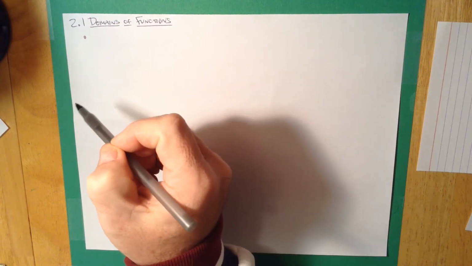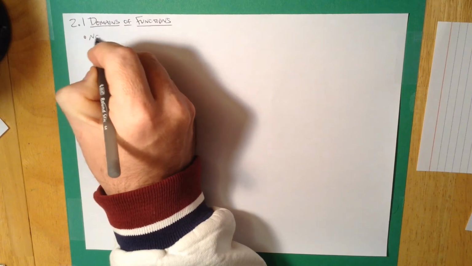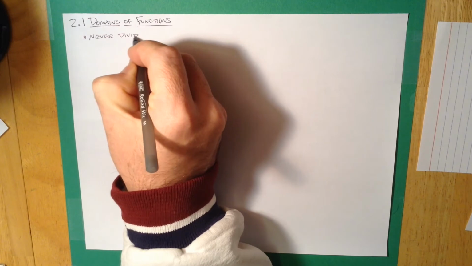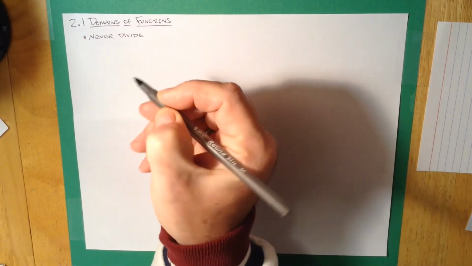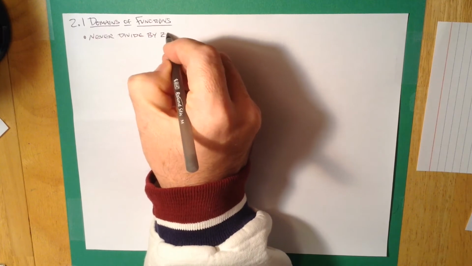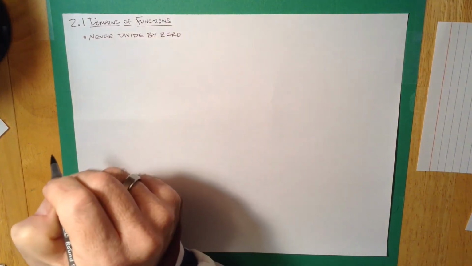For one, you can never divide by zero, so if we have a function with a denominator, we have to restrict the values of x so that the denominator will never be equal to zero.